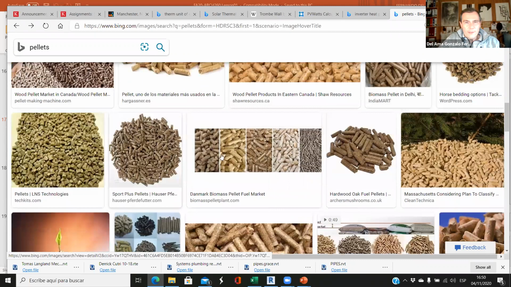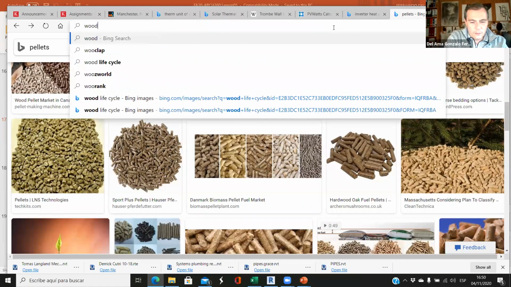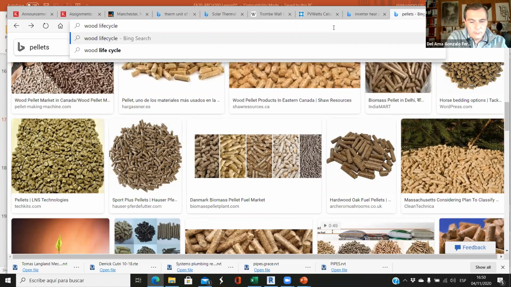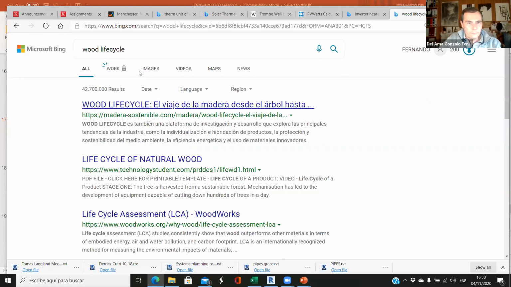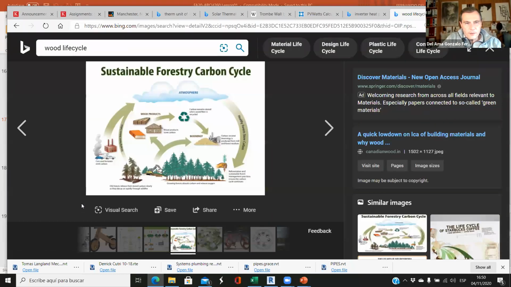What's the problem with this? The problem is the wood life cycle. What happens? If we plant trees, those trees will absorb part of the CO2 that we emit through transportation, industry or heating systems.